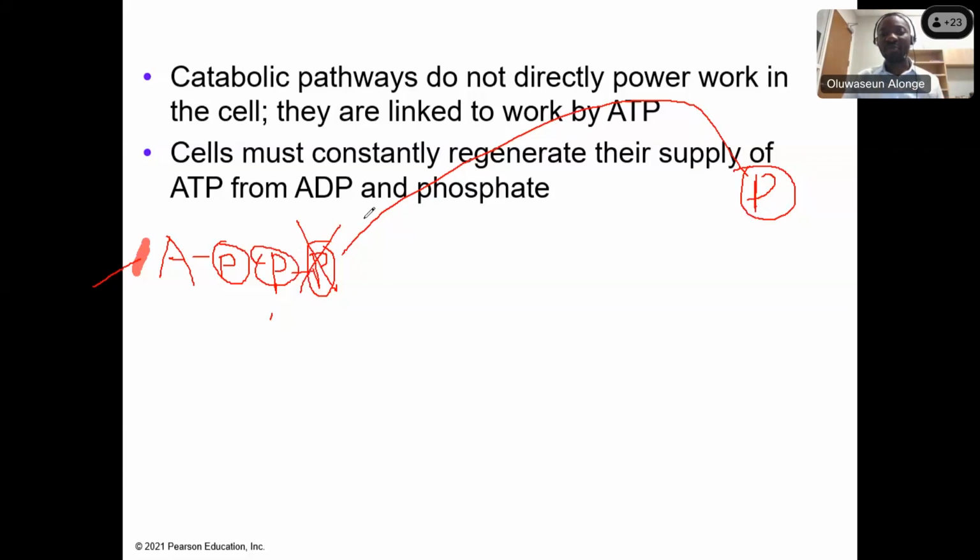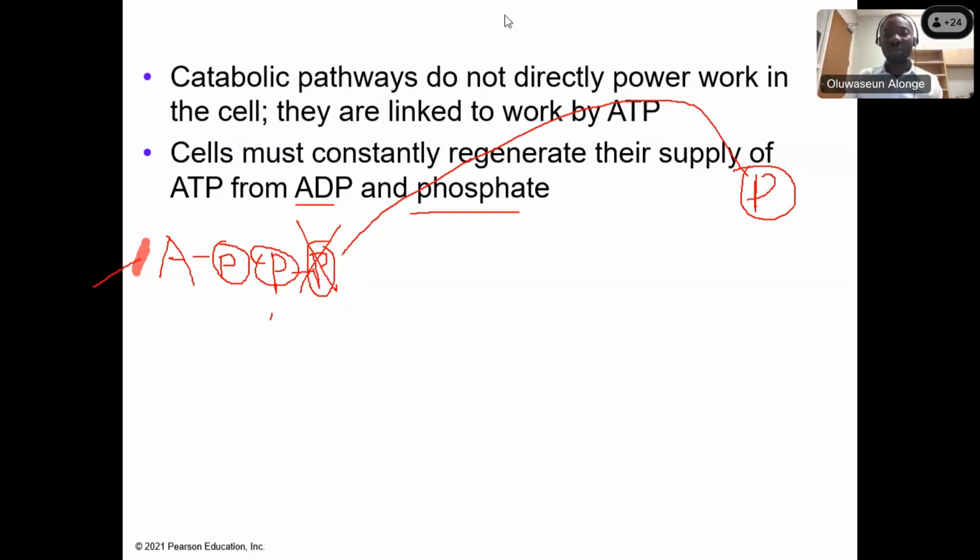Now, when this phosphate has gone, it remains with two phosphates, which is called adenosine diphosphate. The adenosine diphosphate will be in the system, and we need another phosphate so that it can become adenosine triphosphate again. So you get food sources of phosphate, and that is the process that happens in cellular respiration: how ADP is coupled with phosphate so that it becomes ATP again.